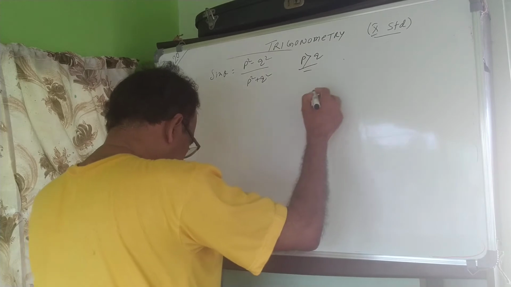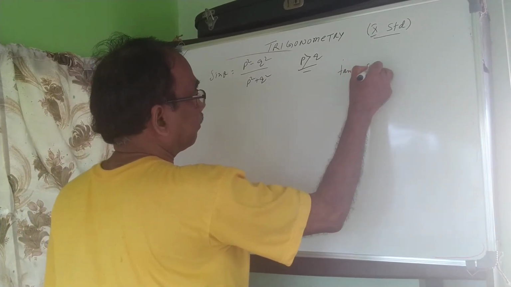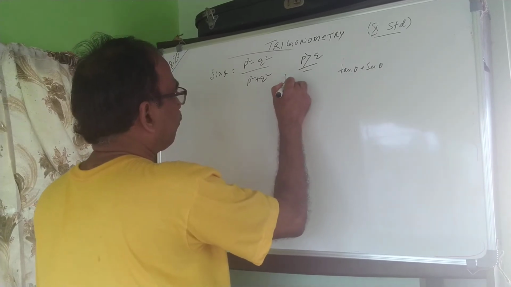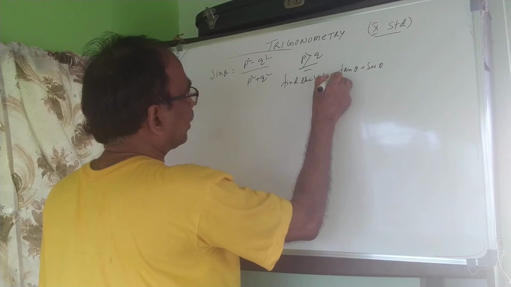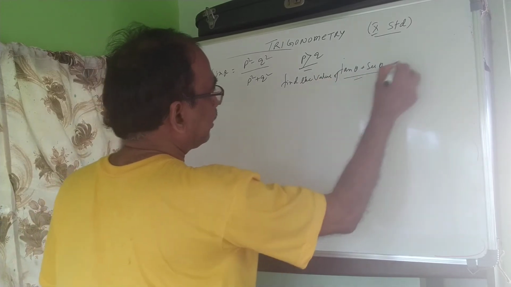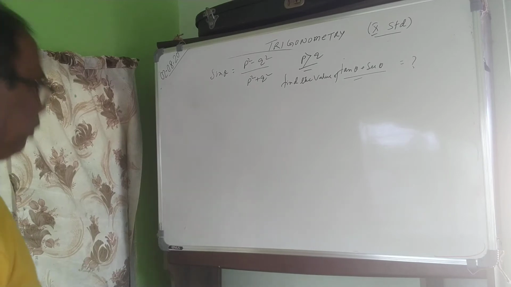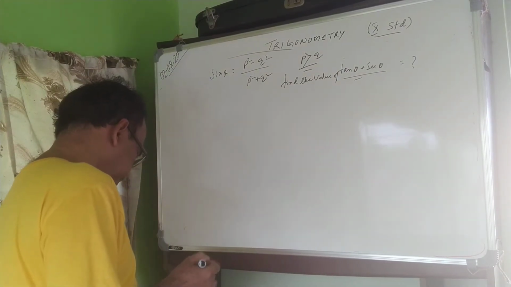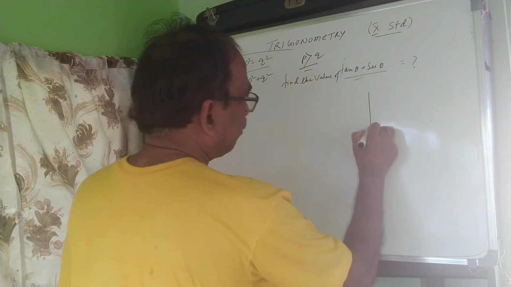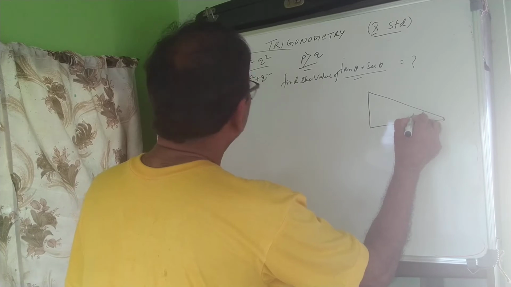You have to find the value of tan theta plus sec theta. You can do this sum by the triangle formula, and you can get the answer more easily.